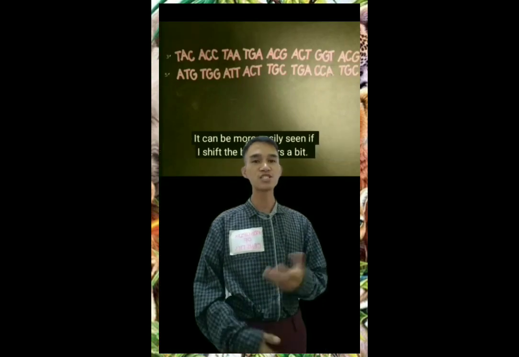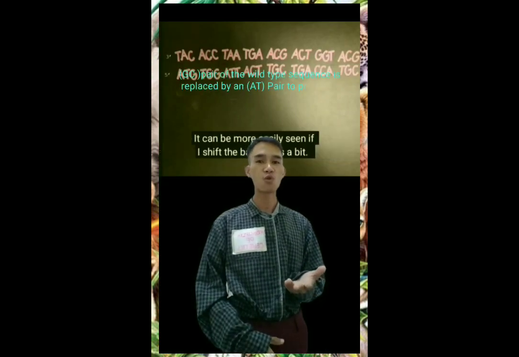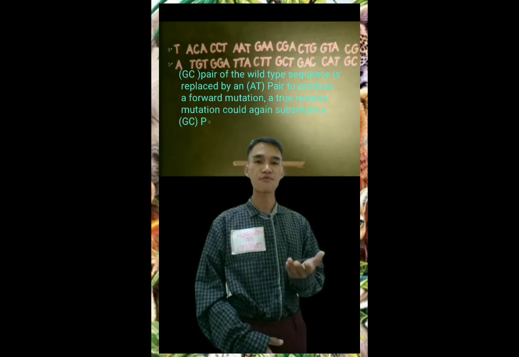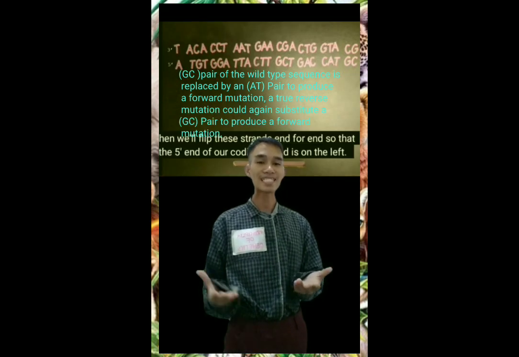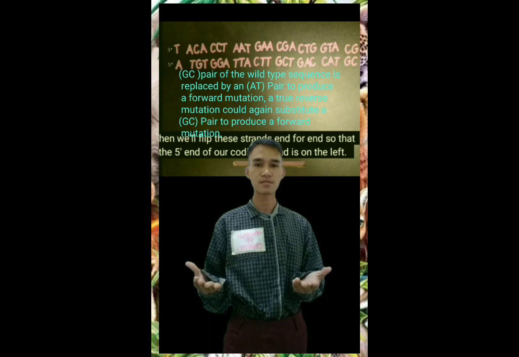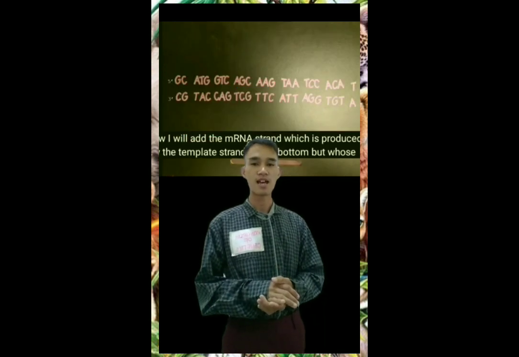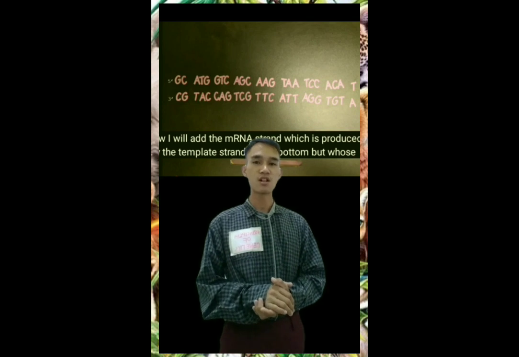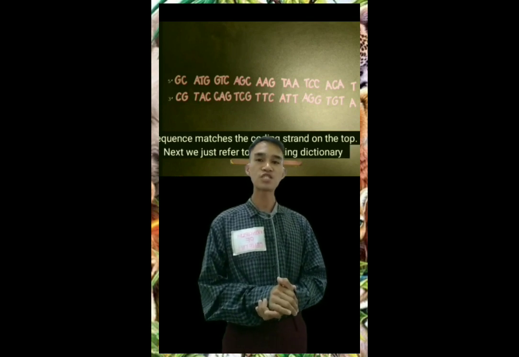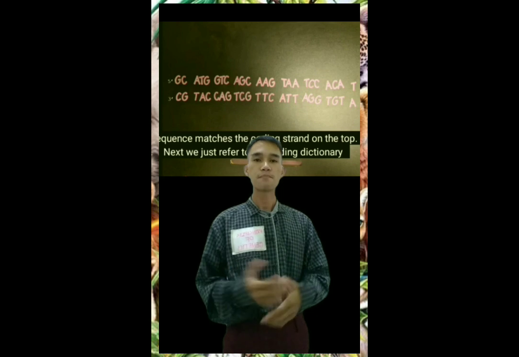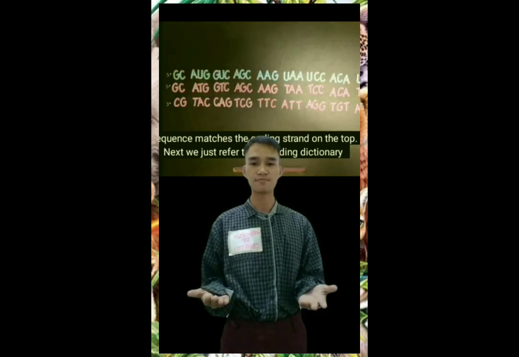Thus, if a GC pair of the wild type sequence is replaced by an AT pair to produce a forward mutation, a true reverse mutation could again substitute a GC pair in that position.